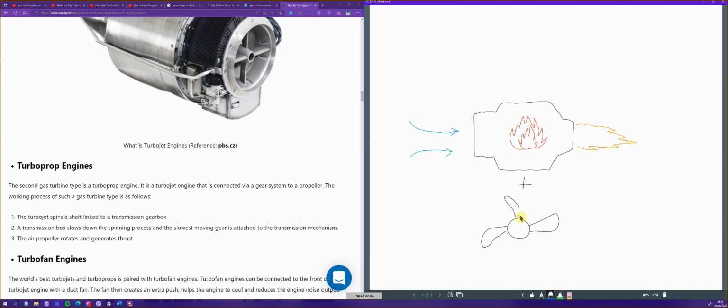Pag dinagdag mo yan, kakailanganin mo ng gearbox kasi may transmission yan. May shaft pa rin yan sa loob eh. So, yung shaft mo, kailangan nakakabit siya sa isang gearbox.